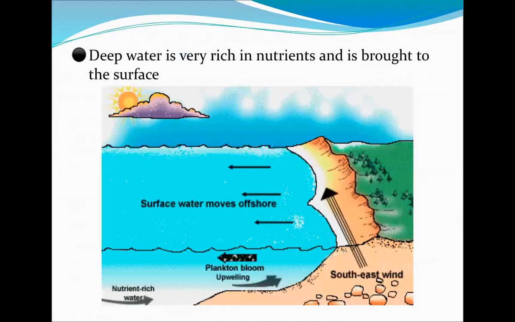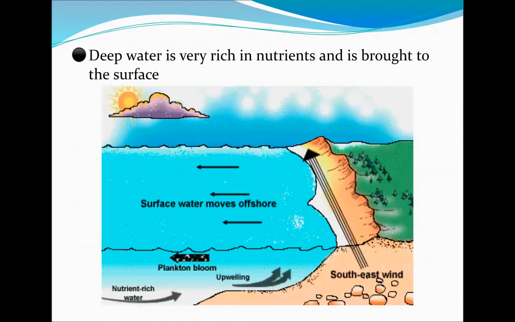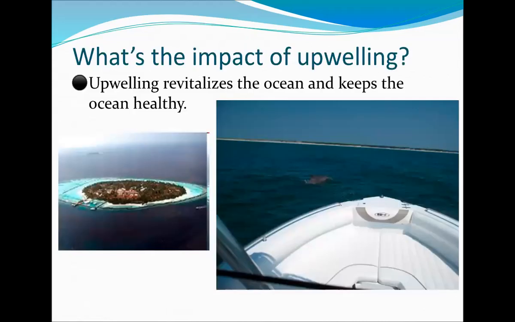Deep water is very rich in nutrients and therefore is brought to the surface, and that is super important. So upwelling, think we're pulling it up. The wind blows those surface currents away, and then the cold water comes to the top.